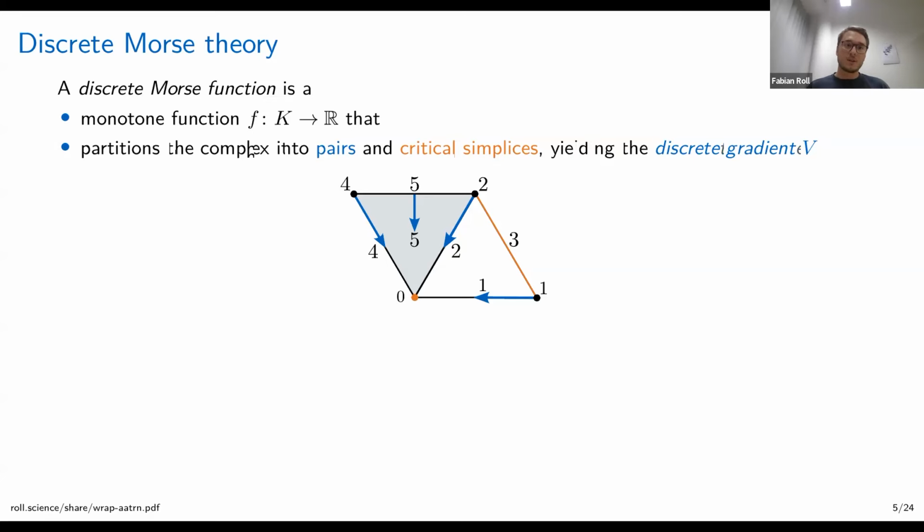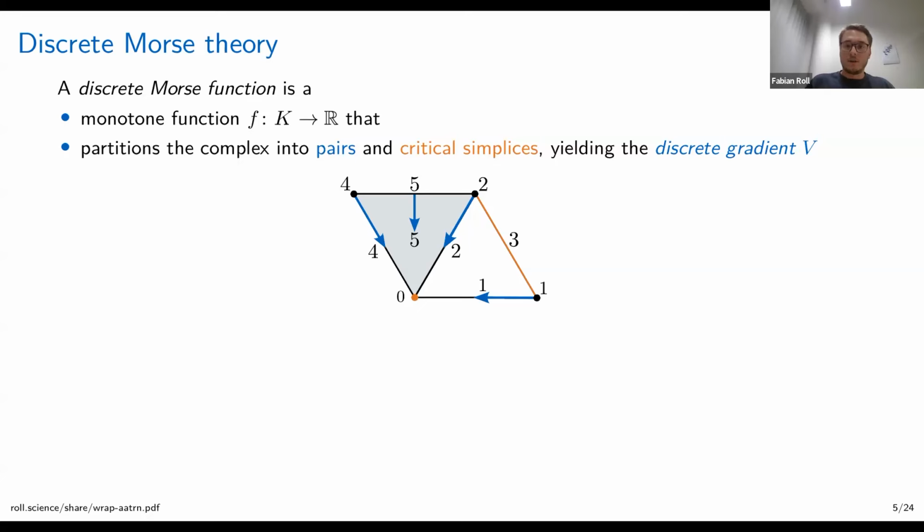In this context, a discrete Morse function is a monotone function on the simplicial complex that assigns, like in this figure in the middle of the slide, to each simplex a real value that respects the face relation. Additionally, you want this function to partition the complex into pairs of simplices, which we usually denote by blue arrows like here. And you also have critical simplices, which are here in orange.